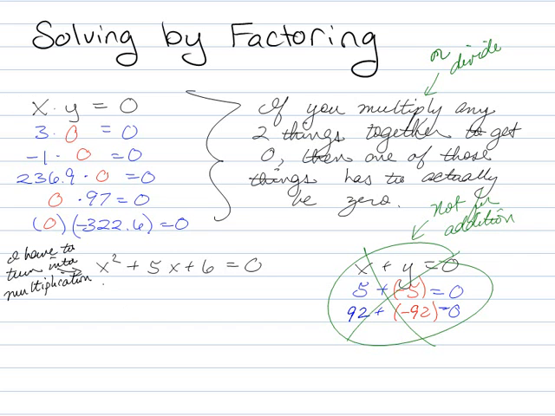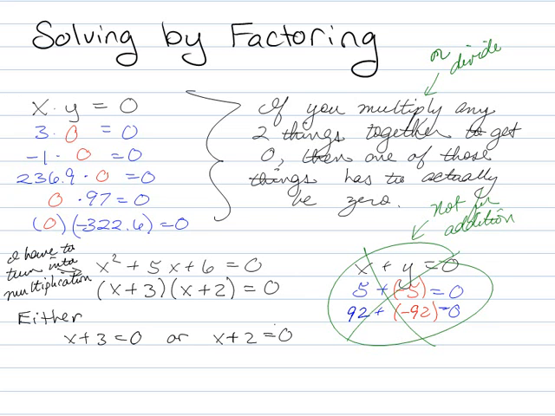So really what I need to do is have something times something equal to 0. We've already established what this is: x plus 3 times x plus 2. Now, the only way that this can be true is that either x plus 3 has to equal 0 or x plus 2 has to equal 0.